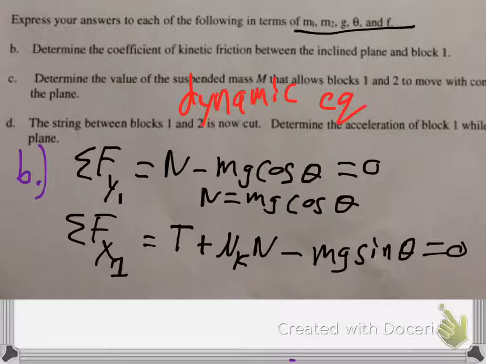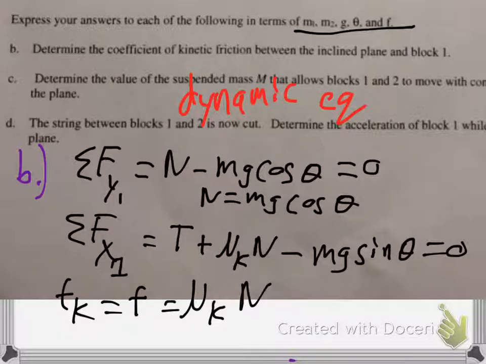Well, what else? Determine the coefficient of friction between the plane and block 1. So we'll actually be coming back to these equations here, but they told us to let the friction force equal F, and we know that's equal to mu k times N. So all we need to solve for mu k is we have that friction force F, and now we just need the normal force, which is mg cosine theta.